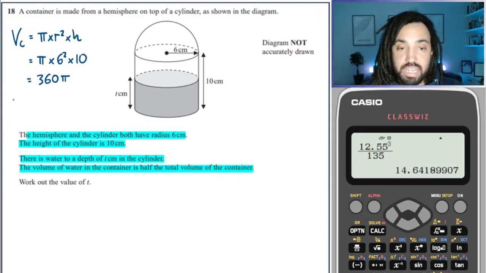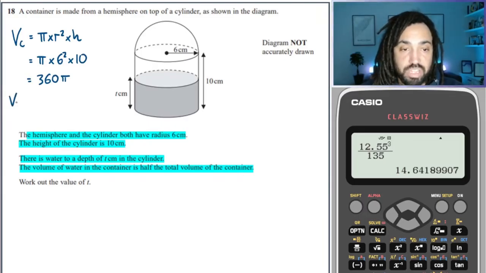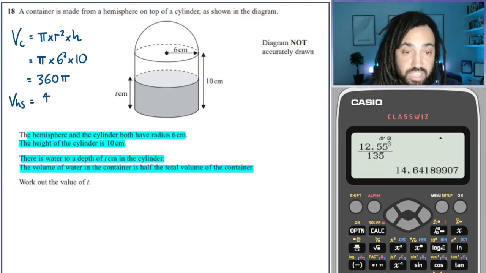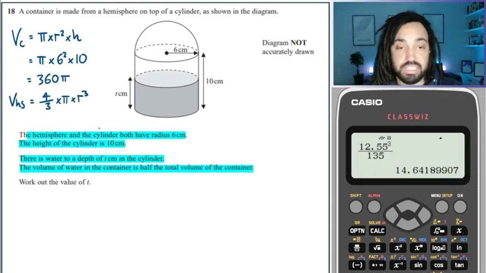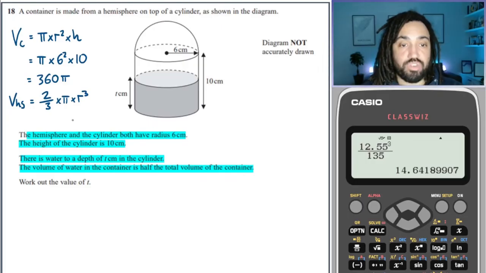Okay, now we need to work out the volume of the hemisphere. Well, the volume of a sphere is 4/3 times pi times r cubed. Again, that's given. But if it's a hemisphere, then it's half of that. So we could divide this by 2, which just gives us 2/3 rather than 4/3.